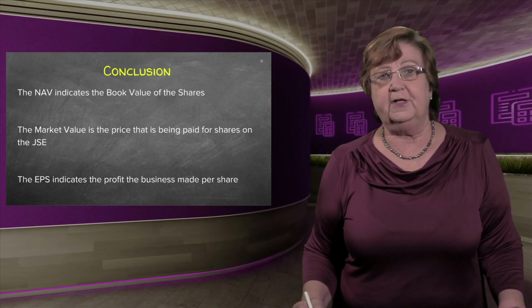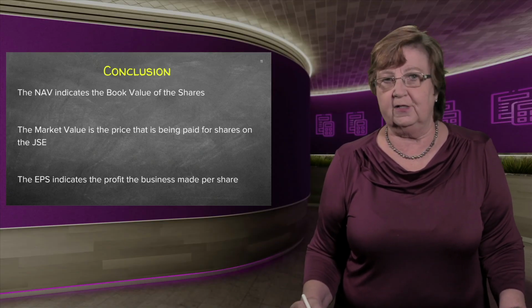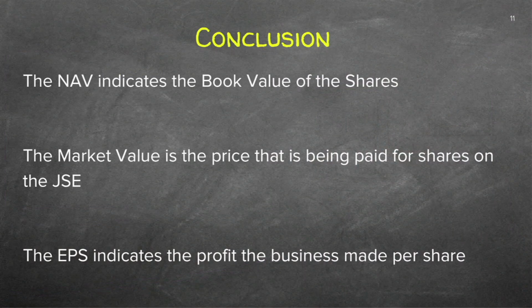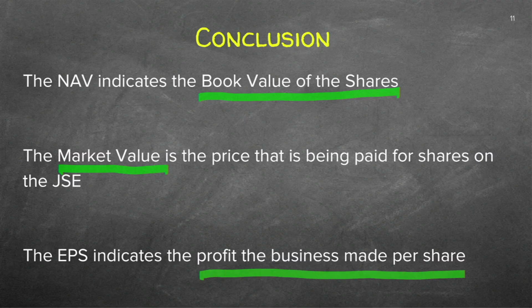And then in conclusion, what have we learned today? The NAV indicates the book value of the shares, while the market value is the price that is being paid for shares being sold on the JSE. And the EPS indicates the profit the business would make per share.